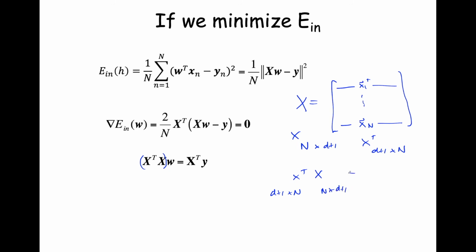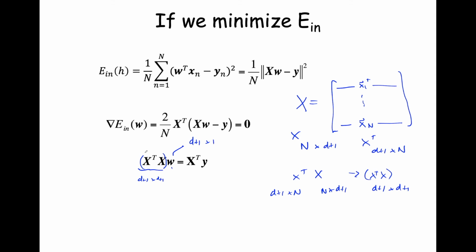So the result, X transpose X, by the rules of linear algebra, is going to be d plus 1 by d plus 1. And our w vector is a column vector of rank d plus 1 by 1. If I multiply these two together, the result is going to be d plus 1 by 1.